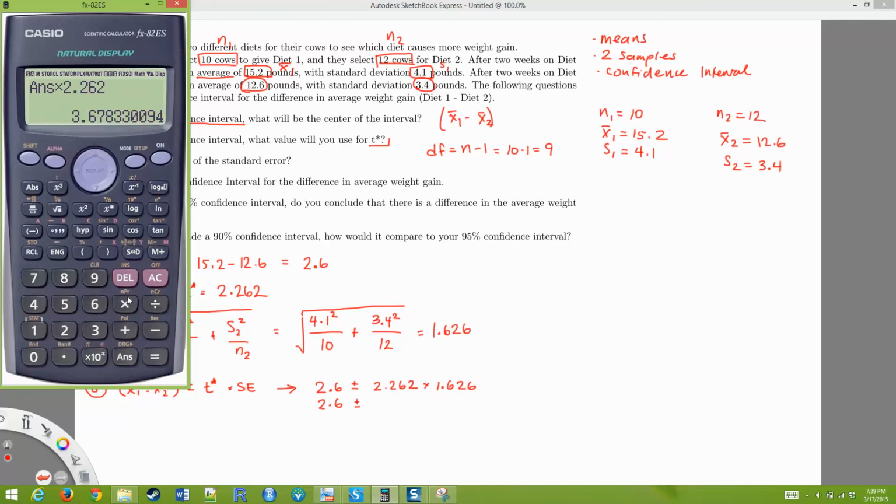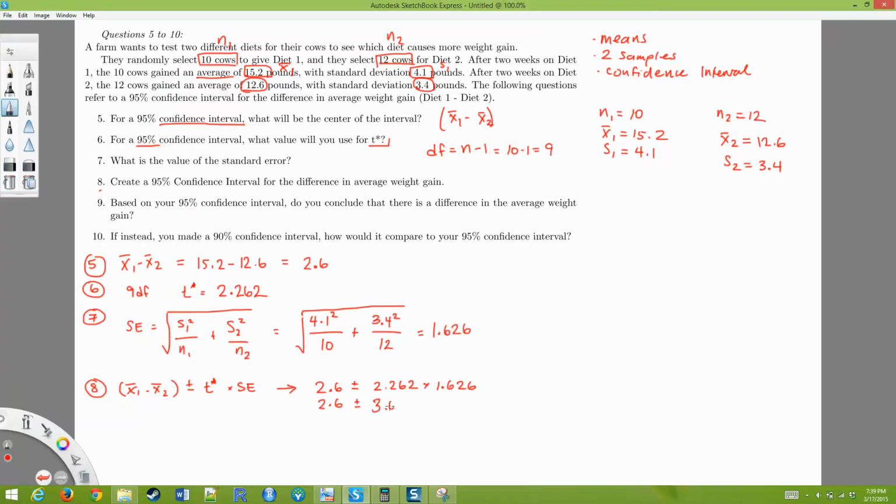So I have 2.6 plus or minus, let me just do this, times 2.262. So I get 2.6 plus or minus 3.678. So when I punch that out, that gives me 2.6 minus 3.678. I get negative 1.078 to 2.6 plus 3.678 gives me 6.278.